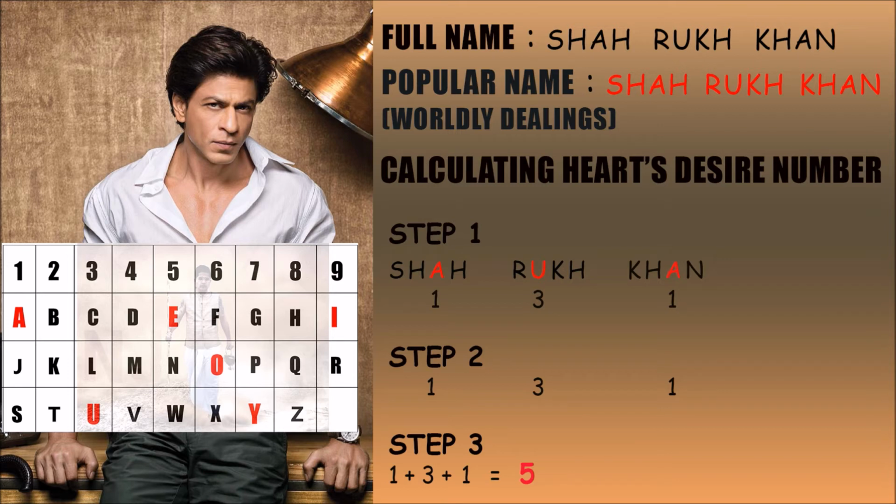In the first name we have A as one vowel, in the middle initial we have U as a vowel, and in the surname Khan we again have one vowel, the A. So we write down all the corresponding numerical values. In step 2, because there are no 2 or 3 vowels which we need to add, we just carry forward the same numbers as we got in step 1. And in step 3 you have to add them. So adding 1 plus 3 plus 1 gives us the answer 5. So Shah Rukh Khan has his heart's desire number as the number 5.